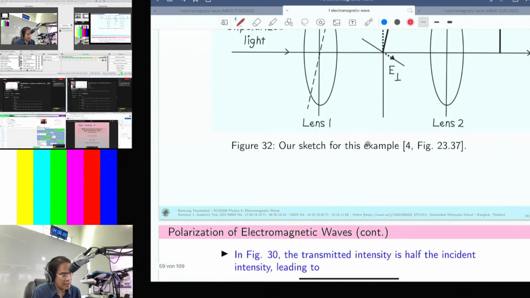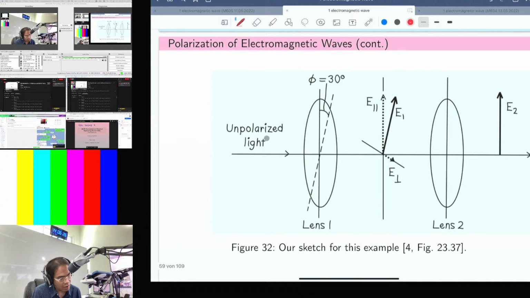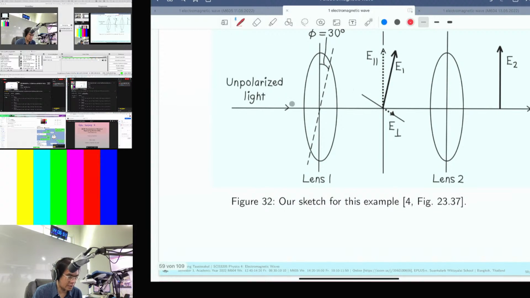Please note that here we have a light that has so much energy because it has several orientations of polarization. For the first lens, the polarizing filter will reduce the intensity of the unpolarized light to be only half of that, so it's the intensity of this one divided by 2.